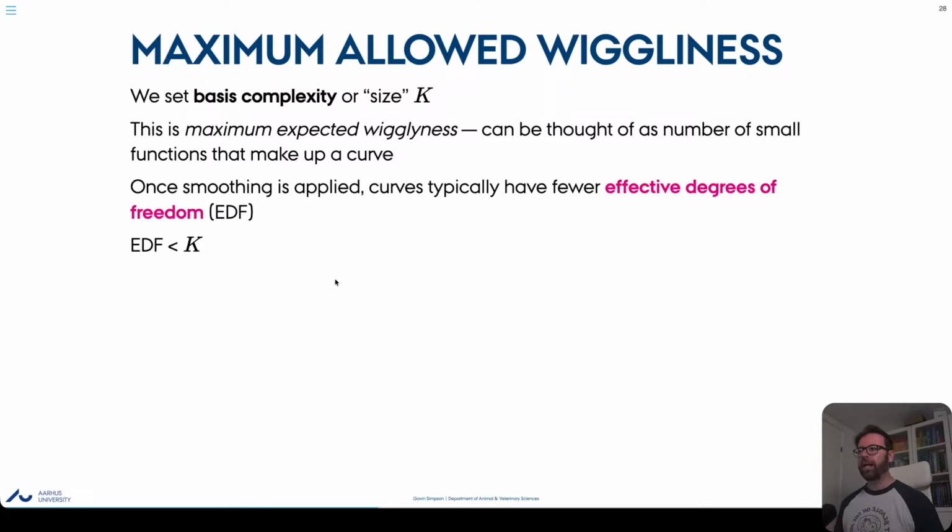And what you will end up having, unless you set k to be too low, is a situation where the effective degrees of freedom, i.e. how complicated your smooth is, will be much lower than the value of k that you specified. So usually, this is what happens. You'll set k to be some number, maybe use the default, and then they'll get shrunk a little bit. Some of the extra wiggliness is not going to be needed, and so your smooth will end up using fewer than k degrees of freedom.